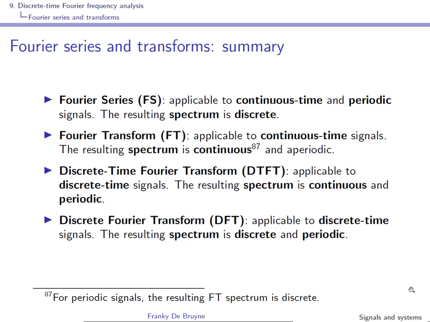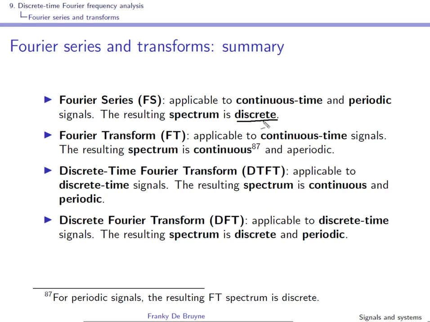So let us make a summary of all the Fourier series and transforms that we have seen in this course. We started with the Fourier series, applicable to continuous time periodic signals, and the resulting spectrum is discrete. It's either an amplitude or phase line spectrum.